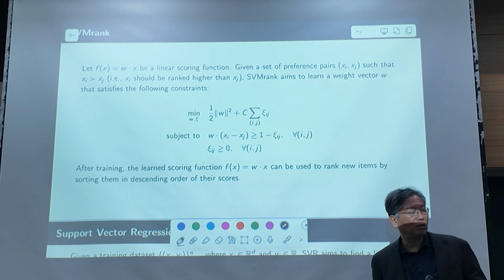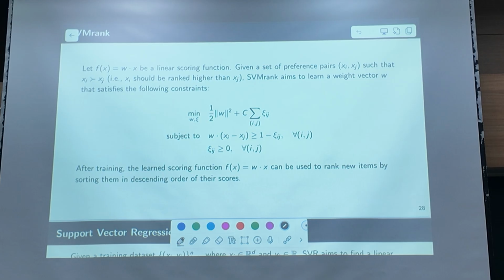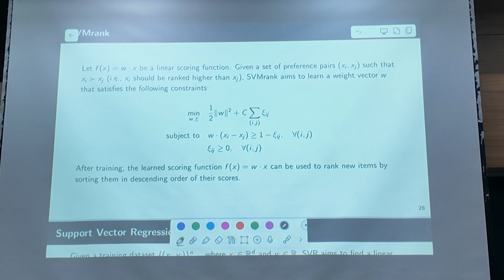SVM can be used for ranking. Okay. And how does it rank? You're given lots of data, and you take pairs of this data, and let's say you have a linear scoring function.